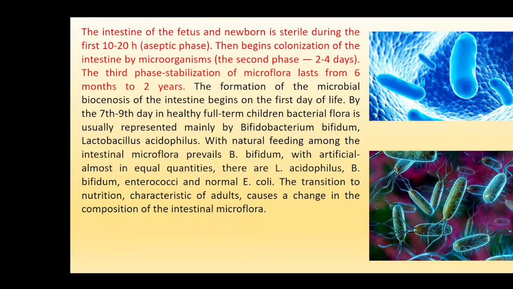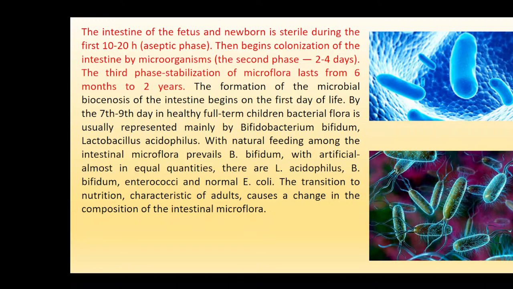The formation of microbial biocenosis in the intestines begins in the first days of life. By the 7th to 9th day in healthy full-term children, the bacterial flora is usually represented mainly by bifidobacterium and lactobacillus acidophilus.